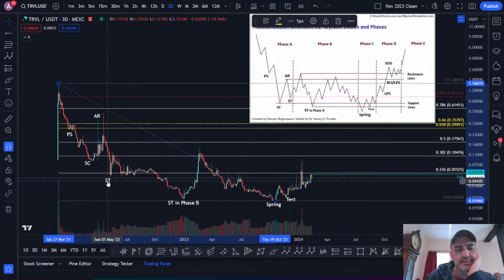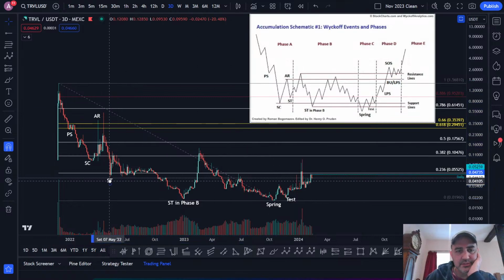It's weird how the ST here is lower. Doesn't make sense. Shouldn't be low, should be higher. Should be there.